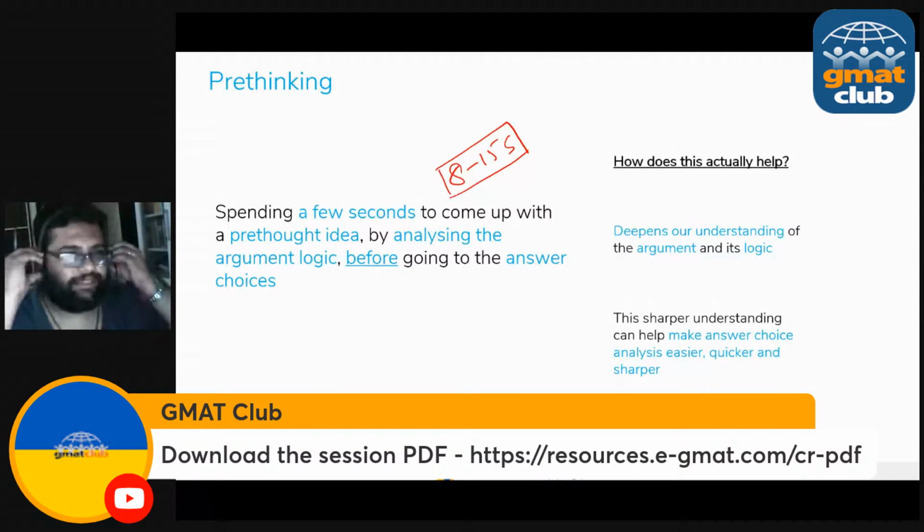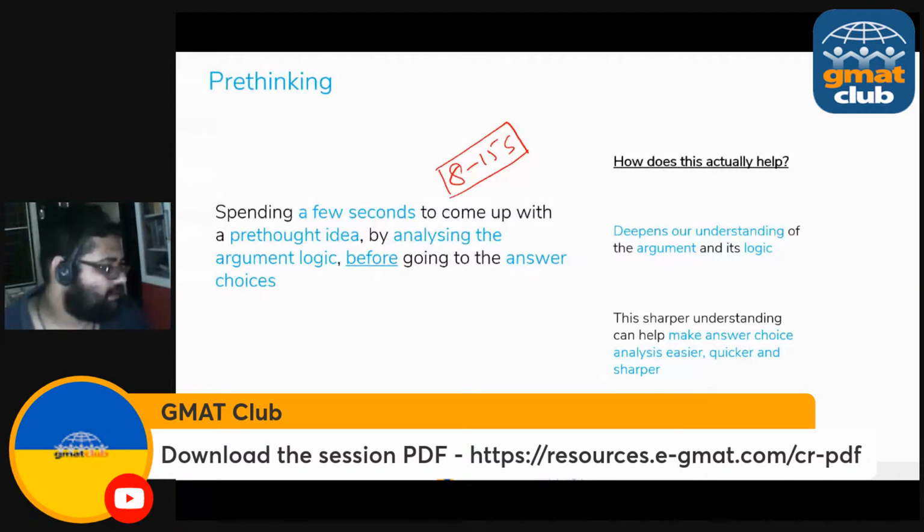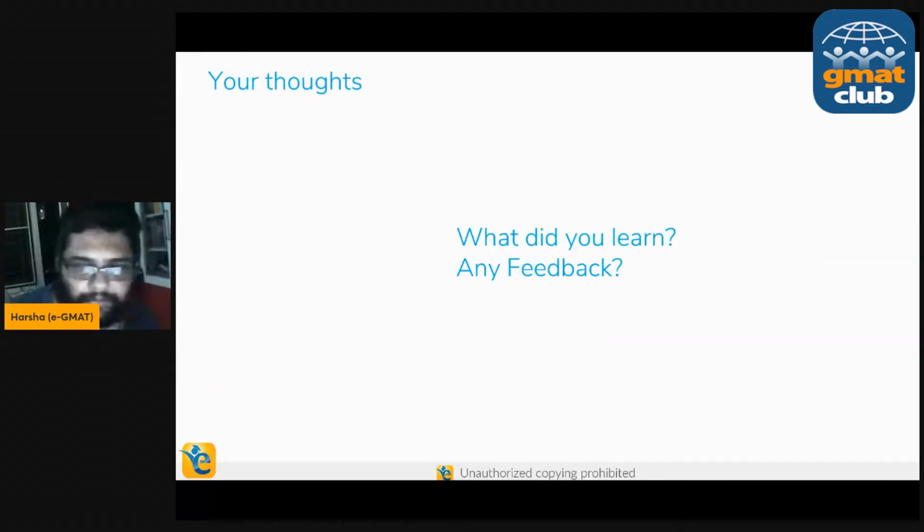If you start looking at the answer choices, your thinking is compromised. The objective is not to predict answer choices. Your objective is to apply your brain to the problem without any bias. That application of brain deepens your understanding. It will invariably, especially as the questions get tougher, help you in your answer choice analysis. Very, very important point.